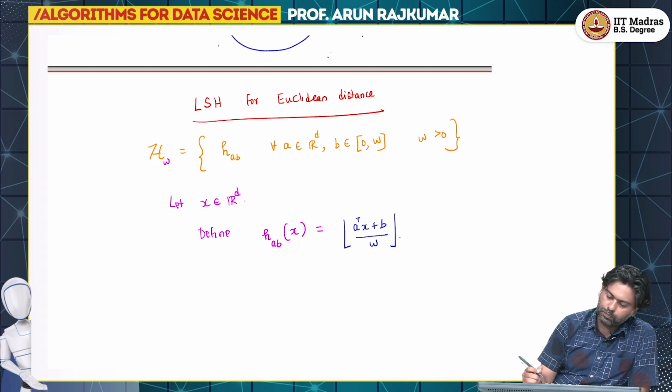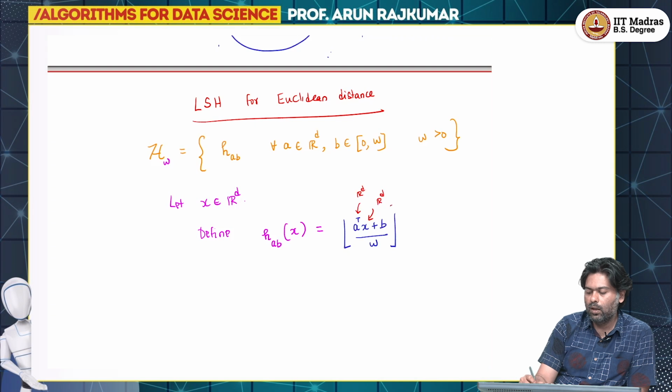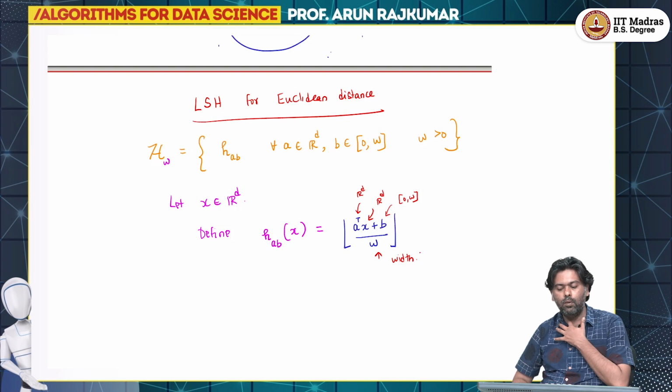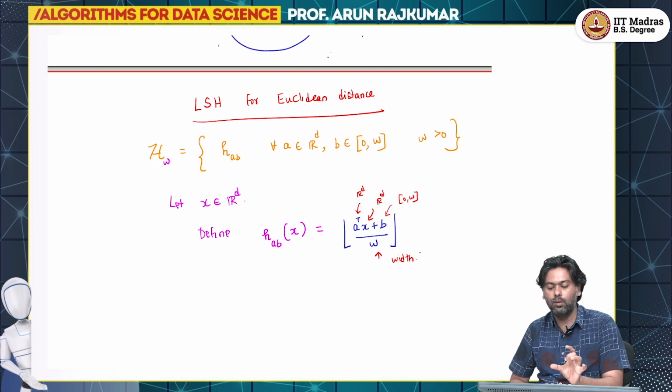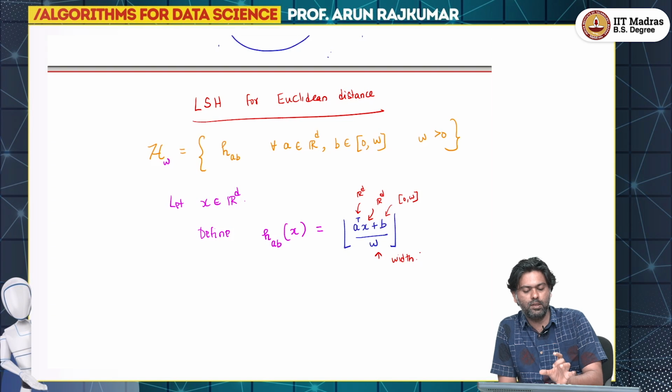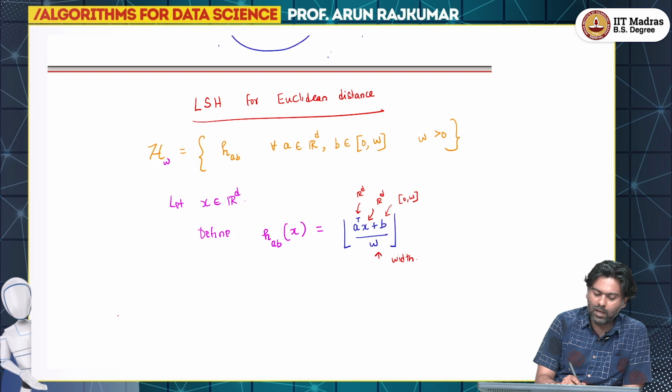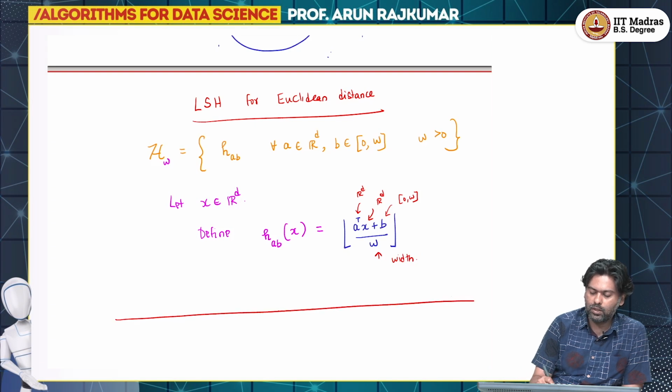Here a is in R^d, x, the input point, is of course in R^d, so a transpose x is a number. b is some number between 0 and w, and w is also a number. It's called the width parameter. We'll talk about that as we go along. Basically, this is mapping a high dimensional space to a one dimensional space.